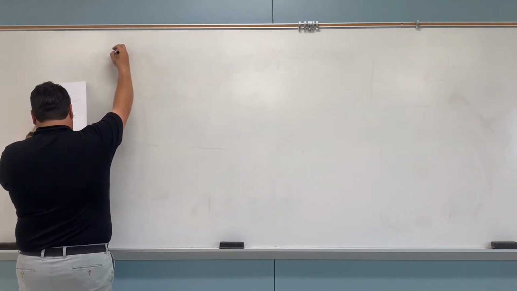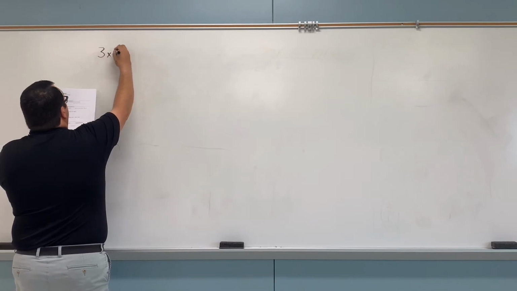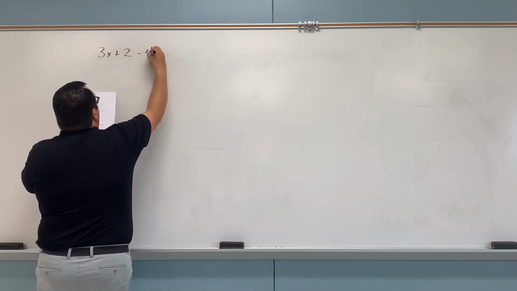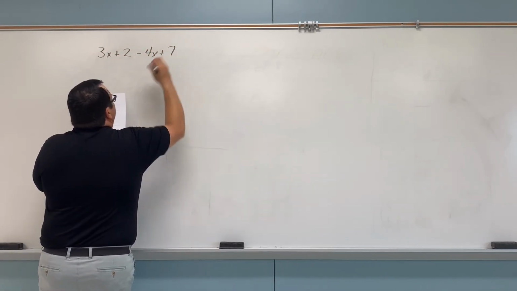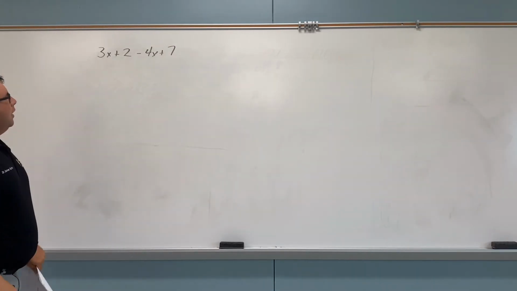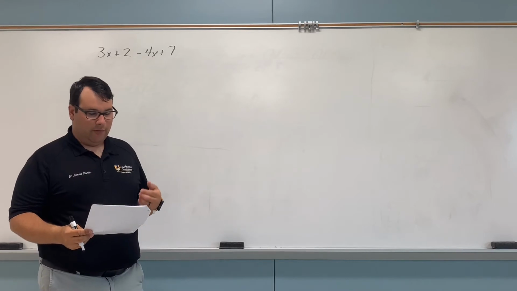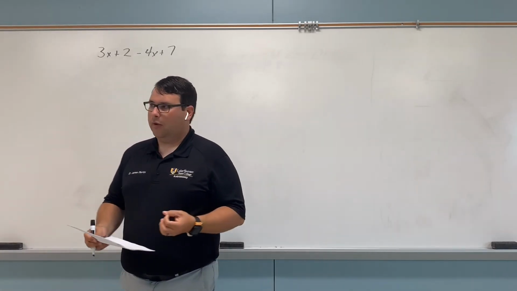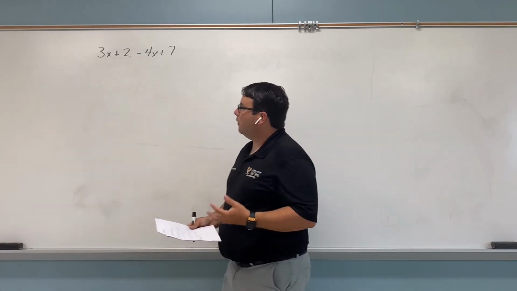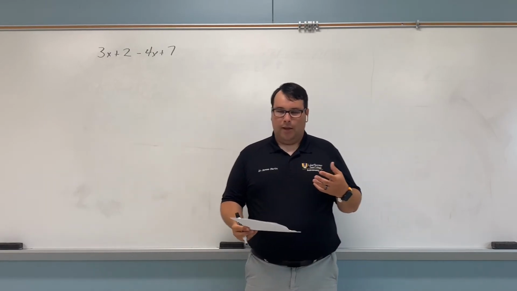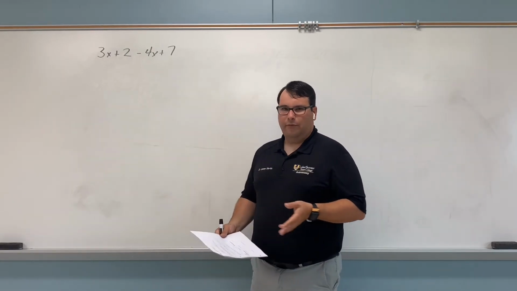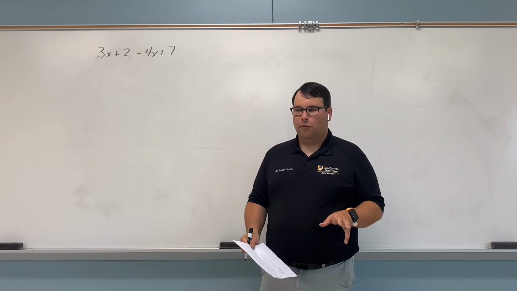So if I were to look at an example, 3x plus 2 minus 4x plus 7, and I told you to simplify, or I told you to combine like terms, or solve, which you wouldn't really see on this because it's not an equation. But you may see something like simplify, and that's the only instruction they give you.